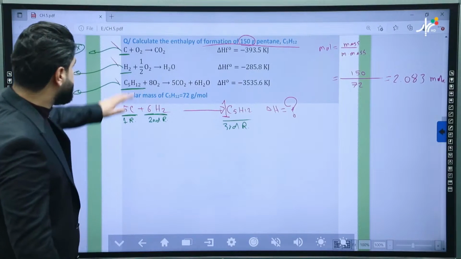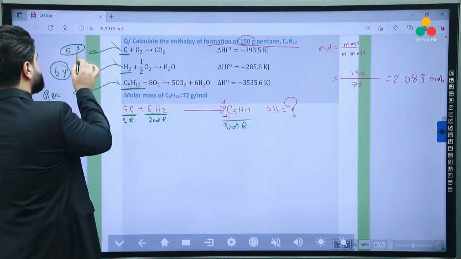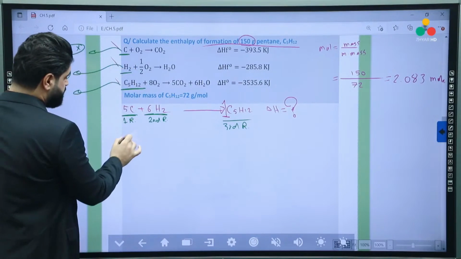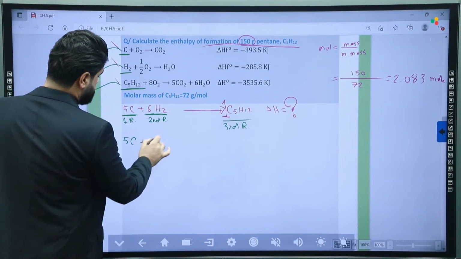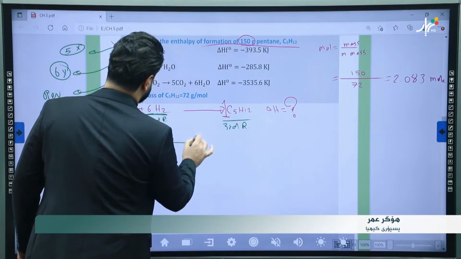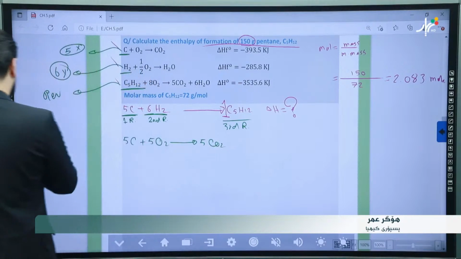Good. And now let's make the changes according to the general equation. First one, multiply by 5. So it will be 5 carbons plus 5 O2 producing 5 CO2. It's the first one.